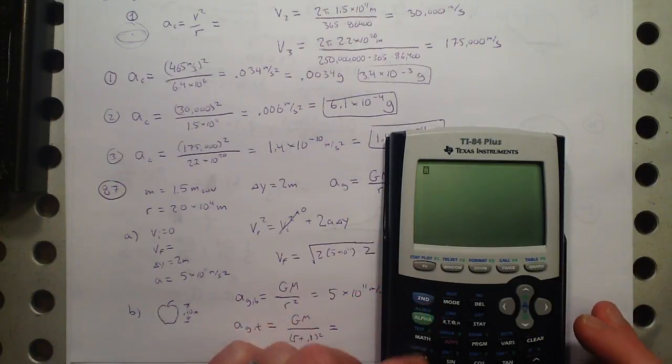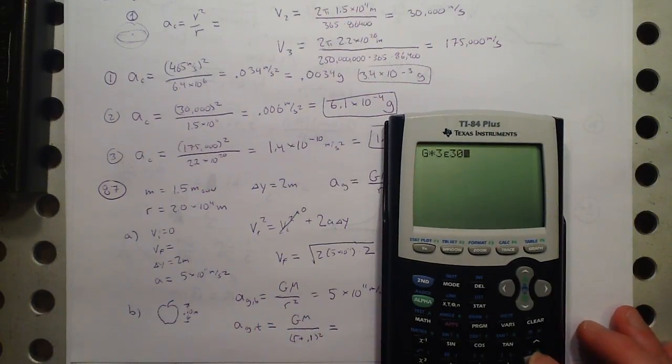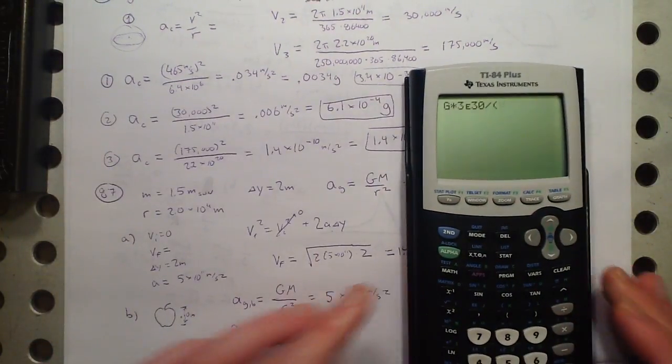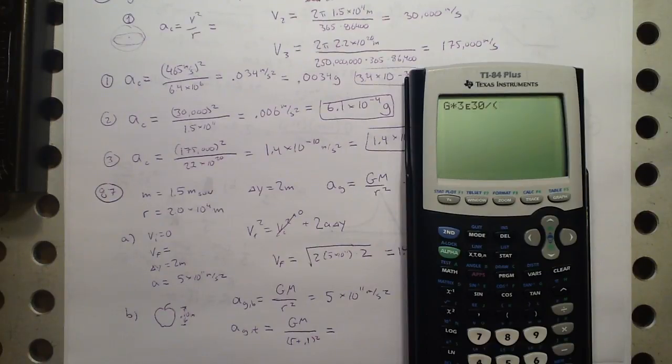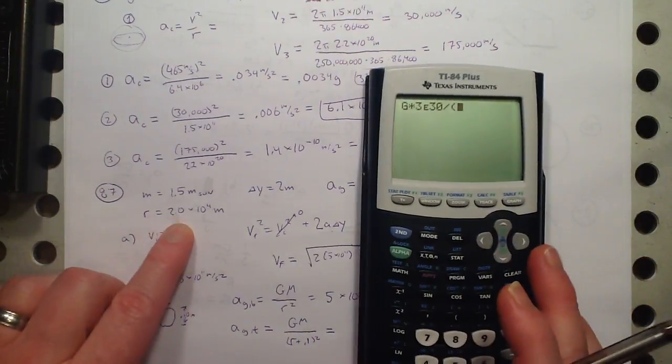So let's see, G times the mass was 3 times 10 to the 30th, right? 1.5 times our Sun, divided by the radius of this thing was, what was it? I forgot. There it is.